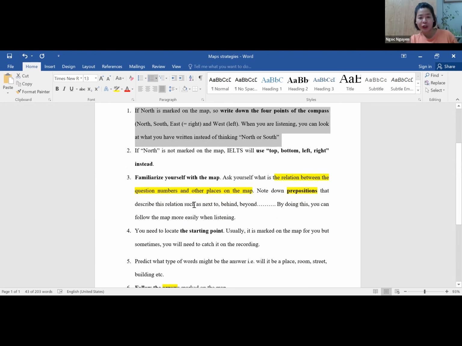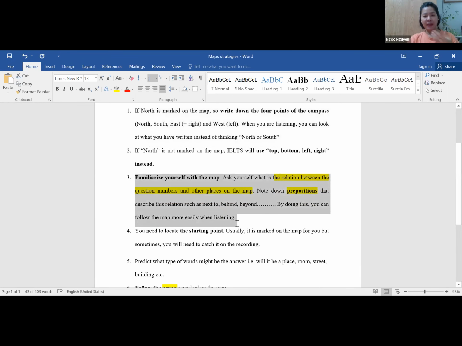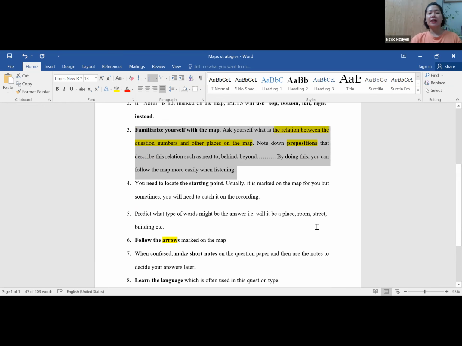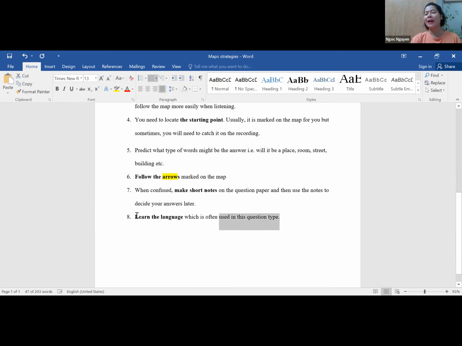Number 2, make yourself familiar with words and their relationship. Write out prepositions to show such relationship: on, in, at, behind, and so on. And that's number 2. Number 3, I would say the language. You really need to learn the language.